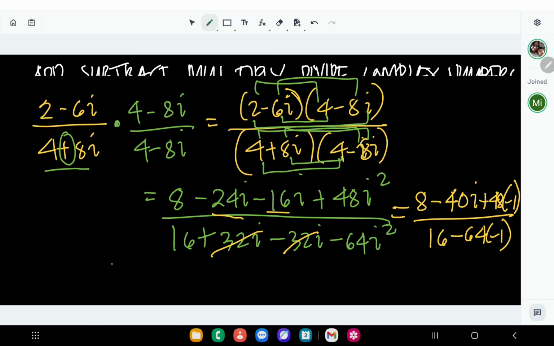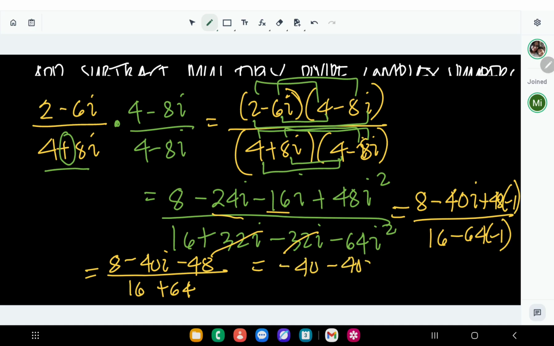Then we can further simplify this. So this is 8 minus 40i minus 48 over 16 plus 64. So this is just 8 minus 48 is negative 40, minus 40i, over 16 plus 64 is 80. And then we can further simplify this.